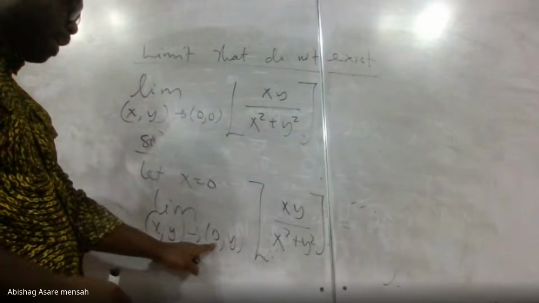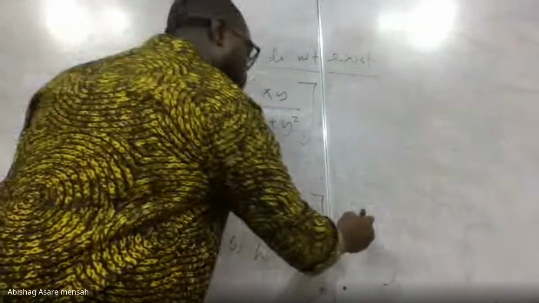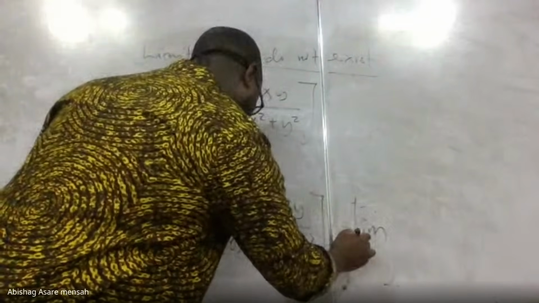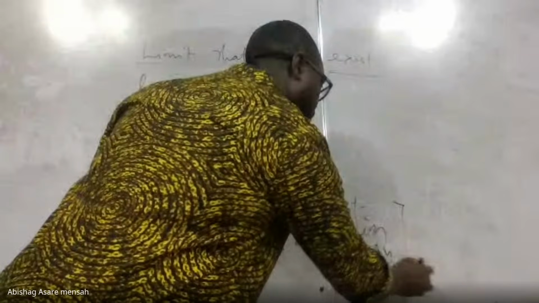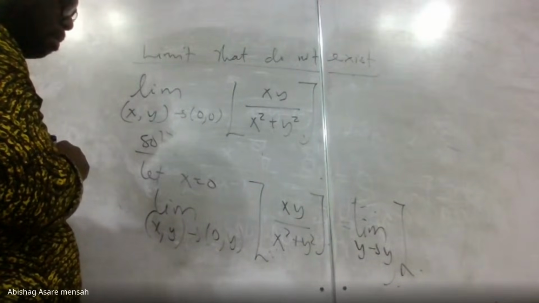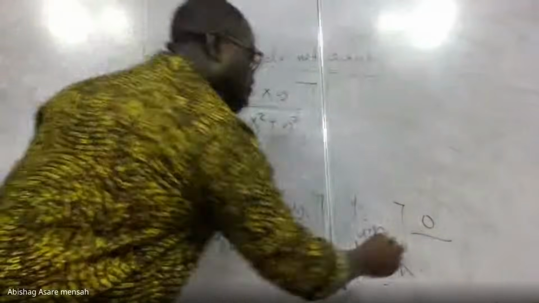So wherever I find x, I put 0 there. So this one will be the limit as y approaches 0, of 0 over 0 plus y squared.